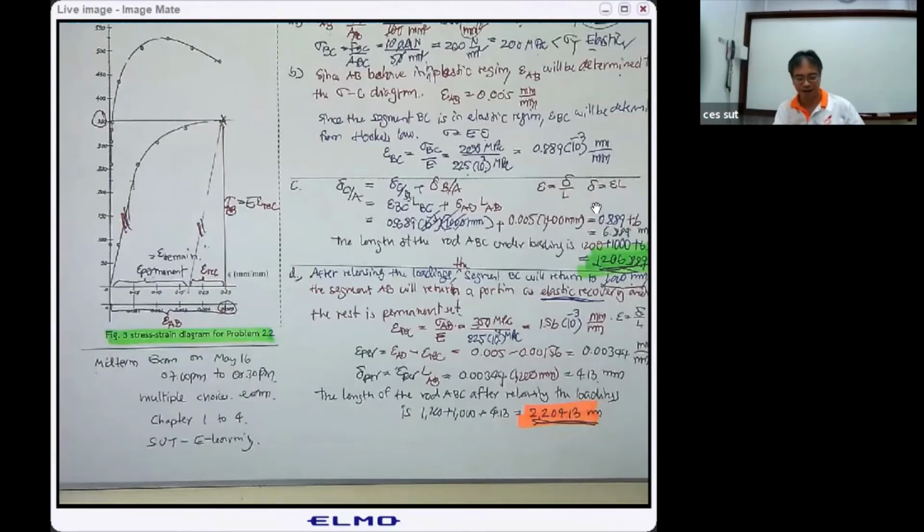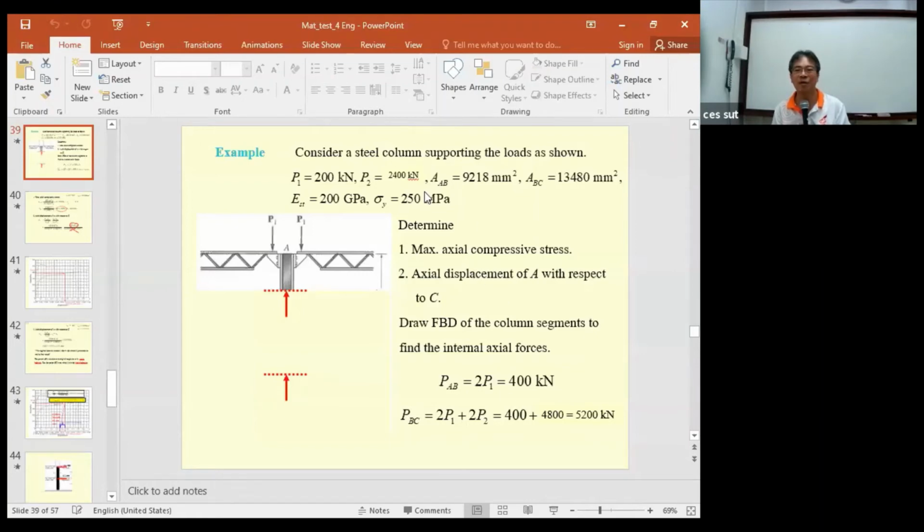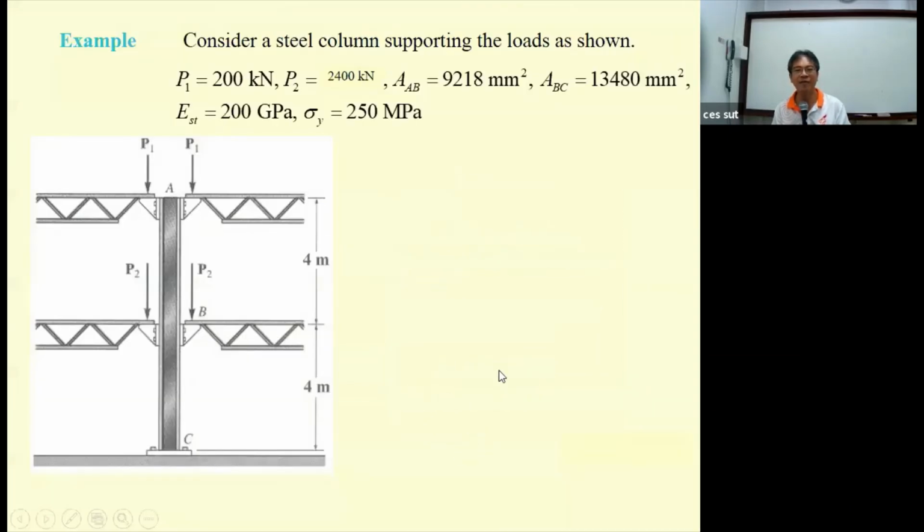Okay, anyway, since this one is finished, let me move a little bit to the PowerPoint. In the PowerPoint, there is another example, based on a column. We have the structure here, very close to what we have in the construction of a superstore.